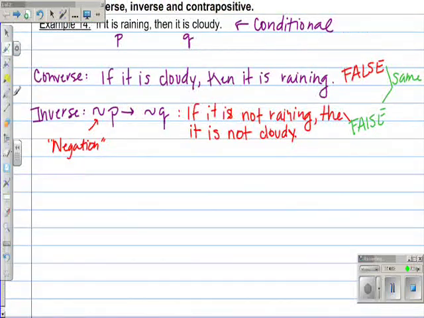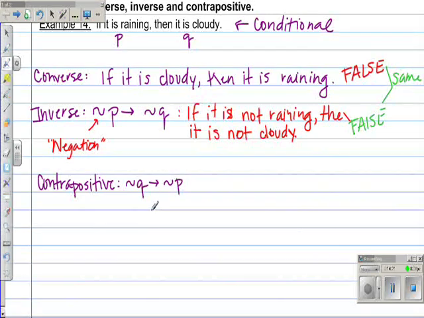Now, the last one we're going to learn is contrapositive. So the contrapositive is, if it's not Q, implies not P. Okay? So in this situation, it's basically completely backwards and inverted from your conditional statement.